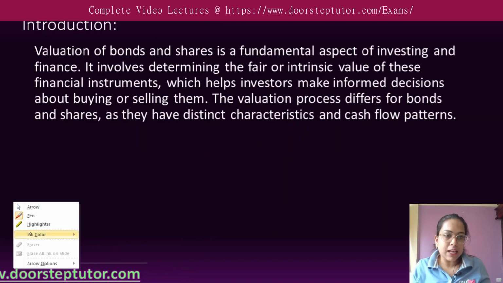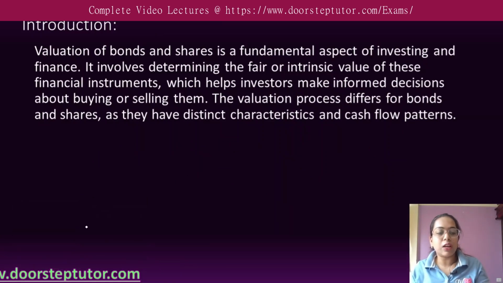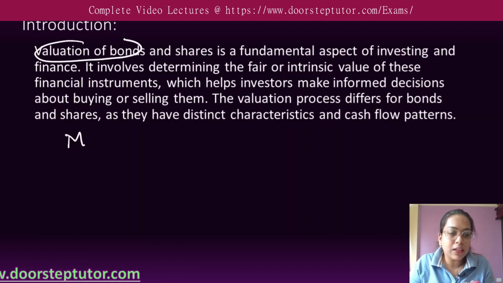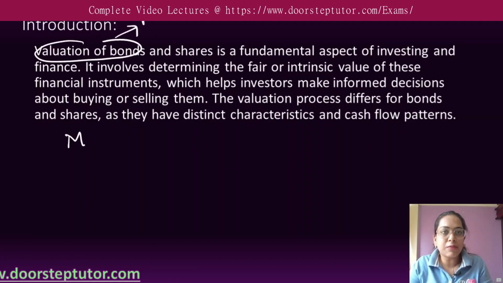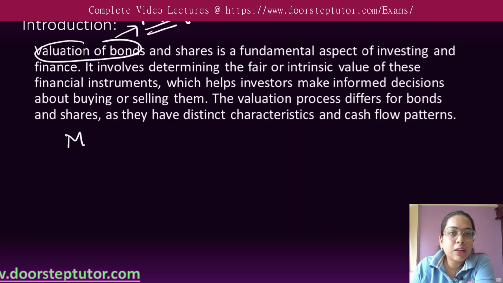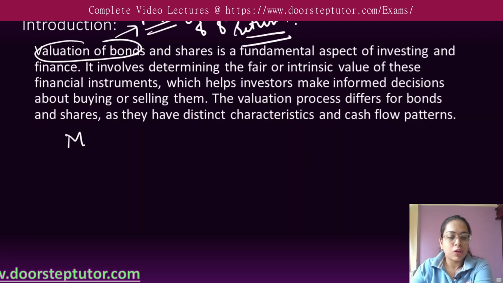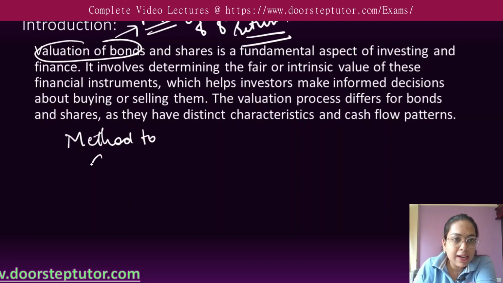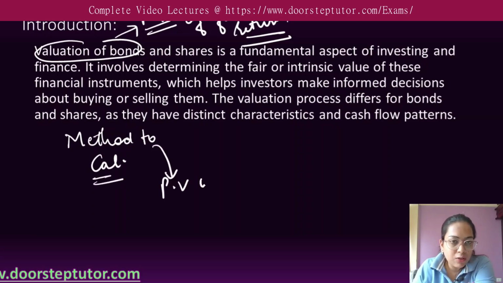One can say valuation of a bond is a method of calculating the present value of future returns or cash flows. So it is a method to calculate the present value of expected cash flows.